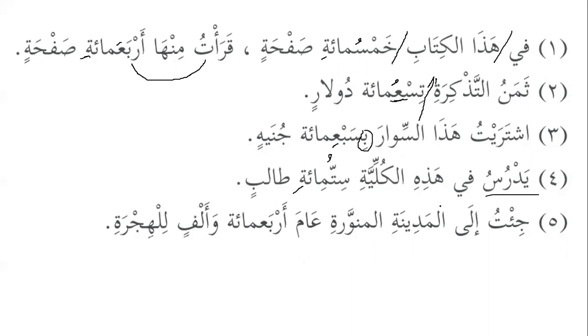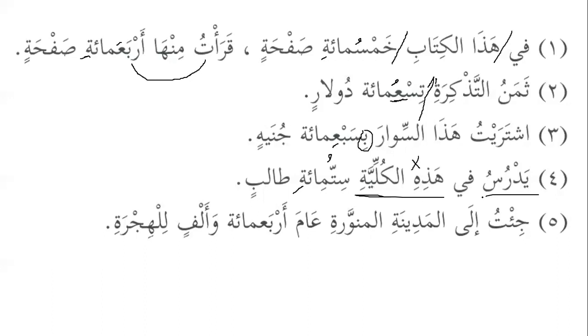Yadrusu is the verb, and sittumiyati talibin is the fa'il. And you know that fi hadhihi al-kulliyati is jar majroor. Whenever you have a verbal sentence, we have to look for the noun that has dhamma. So yadrusu fi hadhihi al-kulliyati will be out of the construction because it is extra information, as we call it muta'allaq.